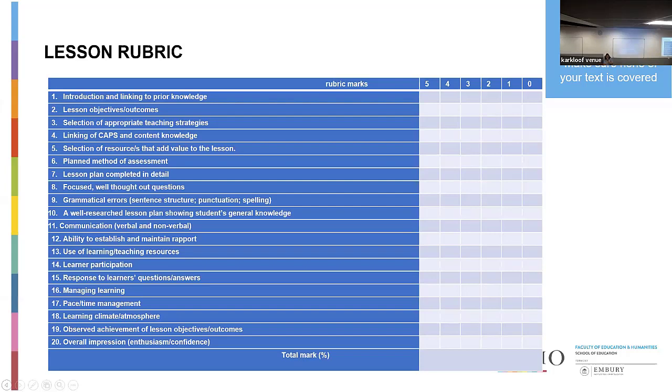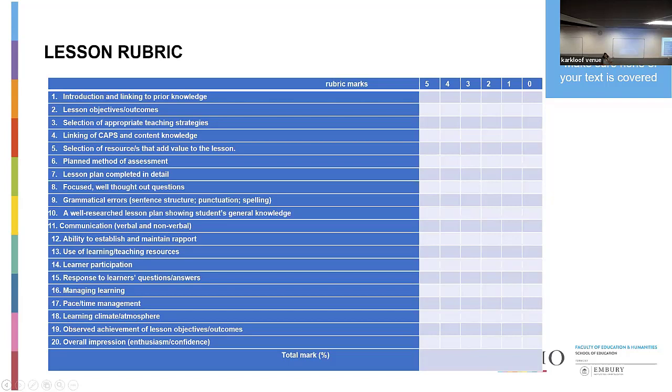Whether your lesson objectives and outcomes have been formulated correctly. The selection of teaching strategies. Linking of CAPS and content knowledge. Your selection of resources that should add value to the lesson. Planned method of assessment.